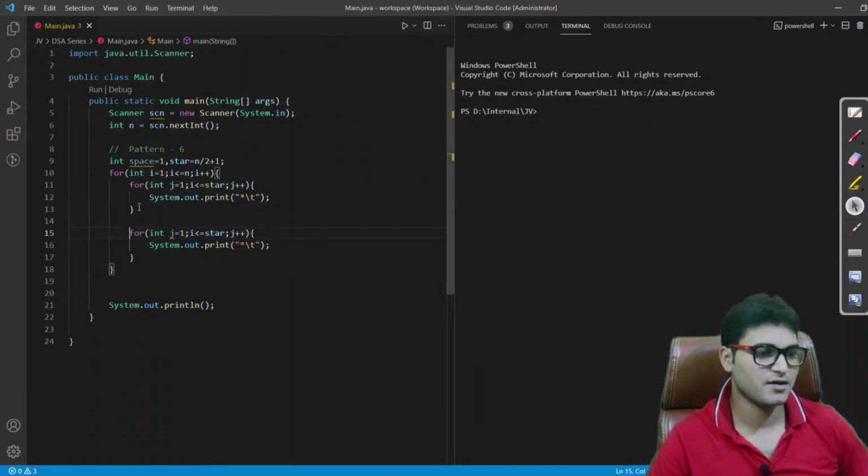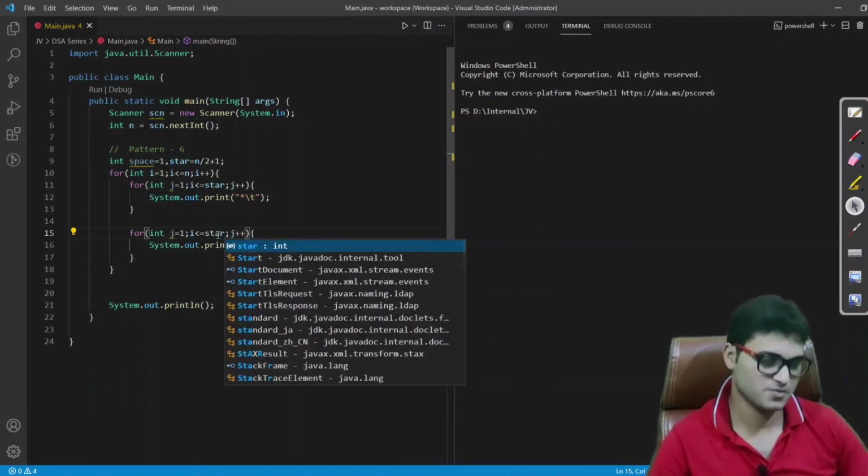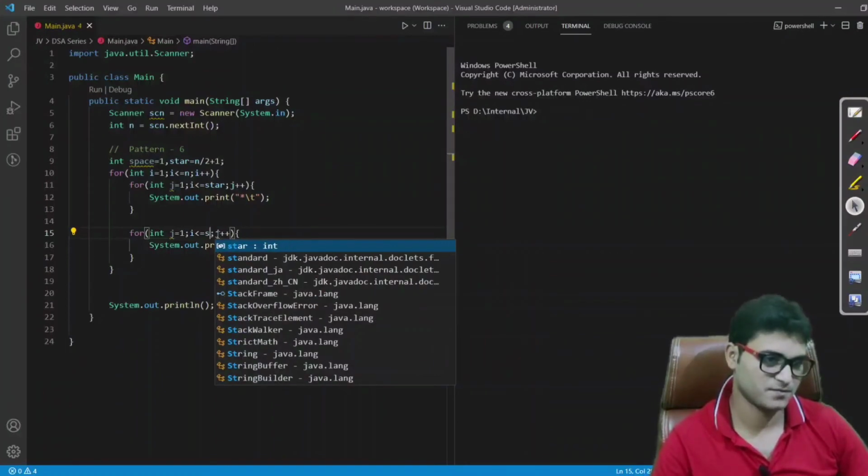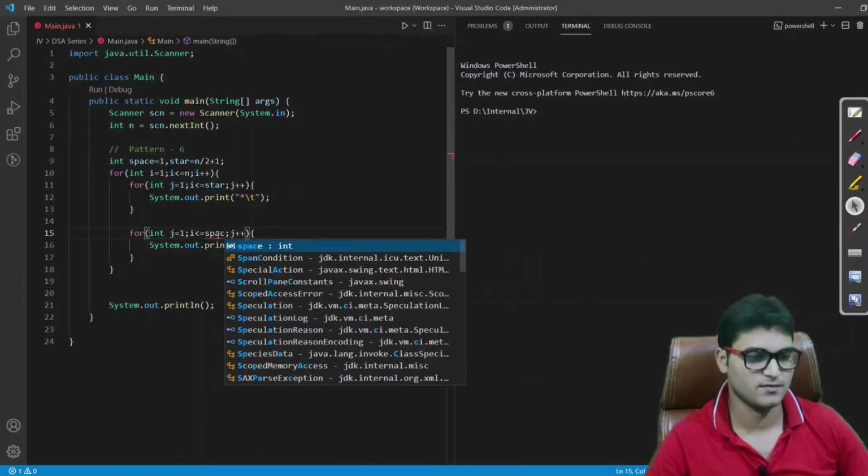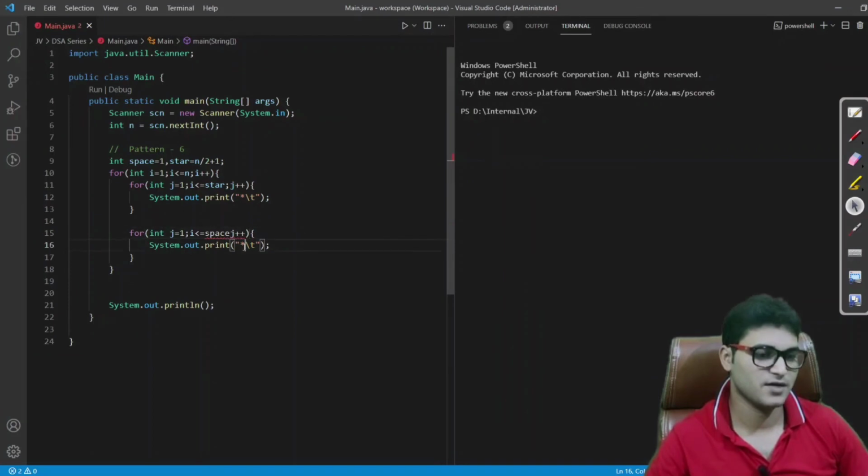Let me write another loop for printing spaces. This loop will iterate till space, not star, and in this we will simply print a tab. This has to be initialized with j.